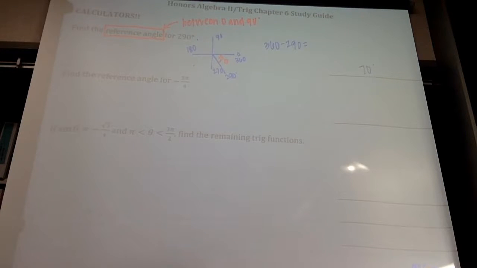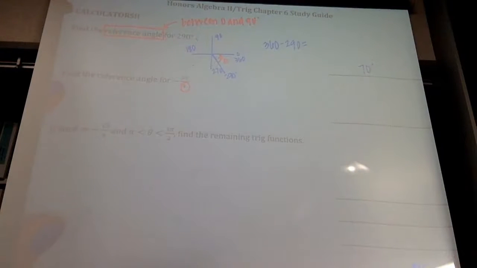Number 2 says to find the reference angle for negative 5 pi over 4. Now, if it's in radians, what's really nice about radians is you don't have to do any math work here. All you have to do is see that 4 in the denominator, and 4 correlates to any radian that has a reference angle of 45 degrees.